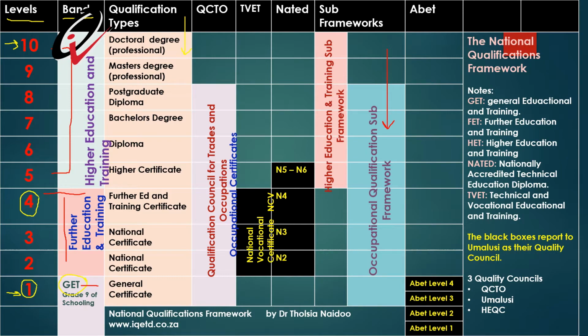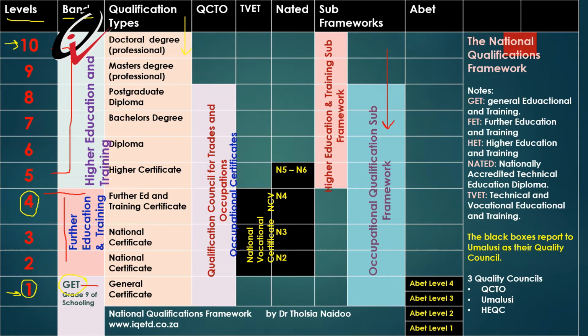Then your higher ed post-school begins from level 5 with the higher certificate, diploma at level 6, a bachelor's degree at level 7, a postgraduate diploma at level 8, or an honors degree as we used to call them. Some universities still have the honors degree, the master's degree, and the professional doctoral degree. Those are the qualification types found on each of the bands.